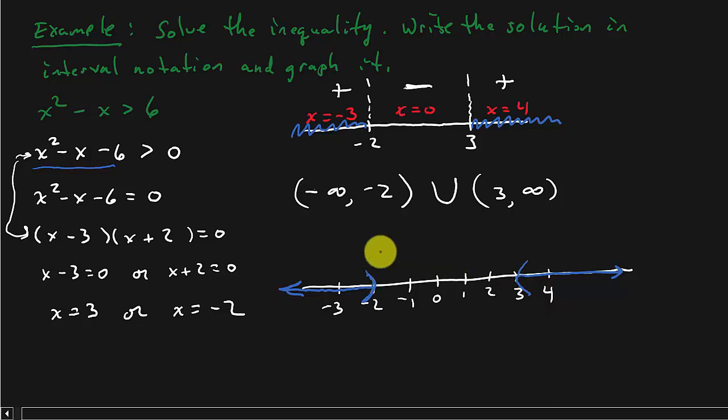Now, I used a parenthesis here. That's the same thing as using an open circle. Okay? If this were equal to, you would have brackets here where I have the parentheses, or you could use the shaded in circles. Now, back when I took my math classes, I learned the open circle and closed circle to do the graphs.